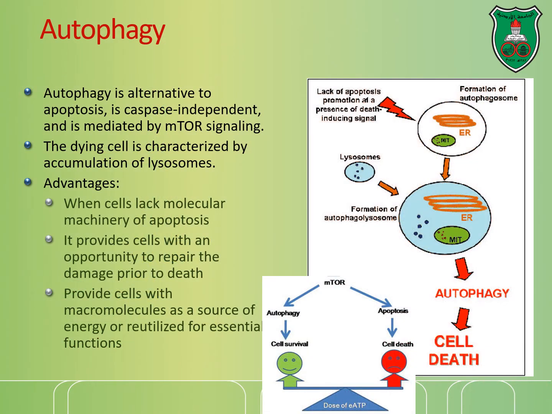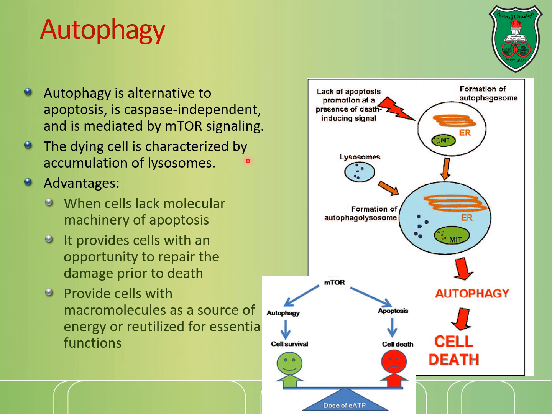Now, there is an alternative to apoptosis, and that is autophagy. We talked about autophagy before. Autophagy is basically cell eating. So the cell eats itself. And this autophagy is actually mediated by the mTOR signaling pathway, and we talked about this pathway before.